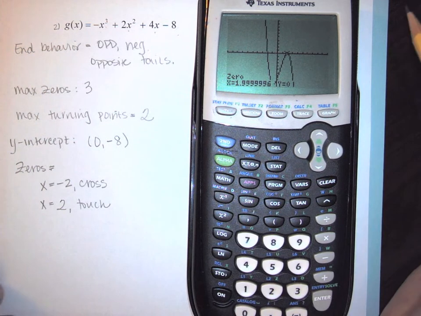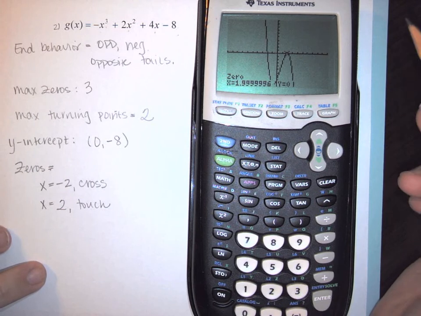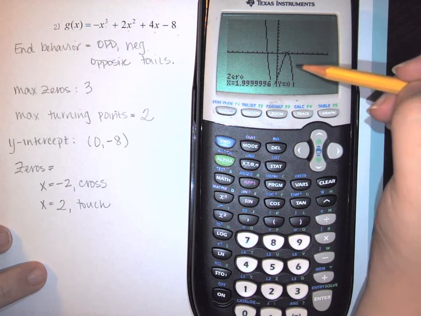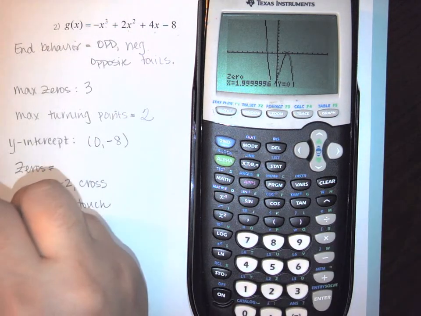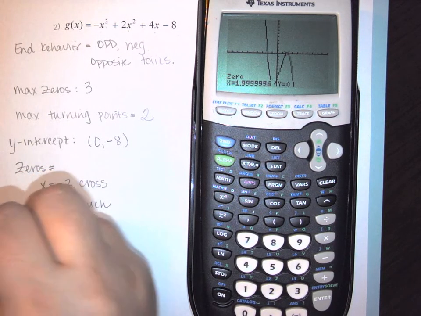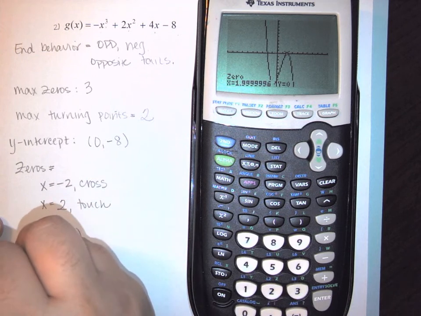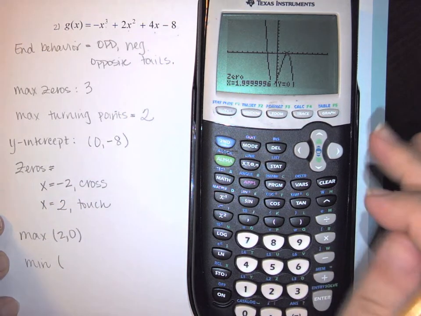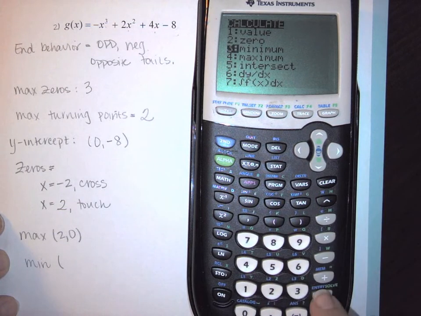Now the last thing we have is we have max and we have mins. So first of all, you can look here where we are touching the x-axis. This would be your max. So we have a max point here at roughly 2, 0. So now we need to just simply know where the min value is. Again, second calc, we're going to come down here to minimum.